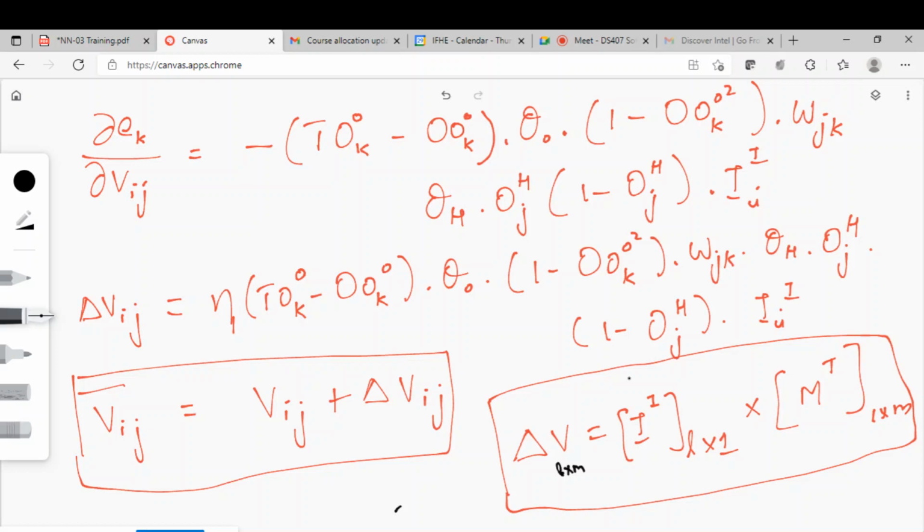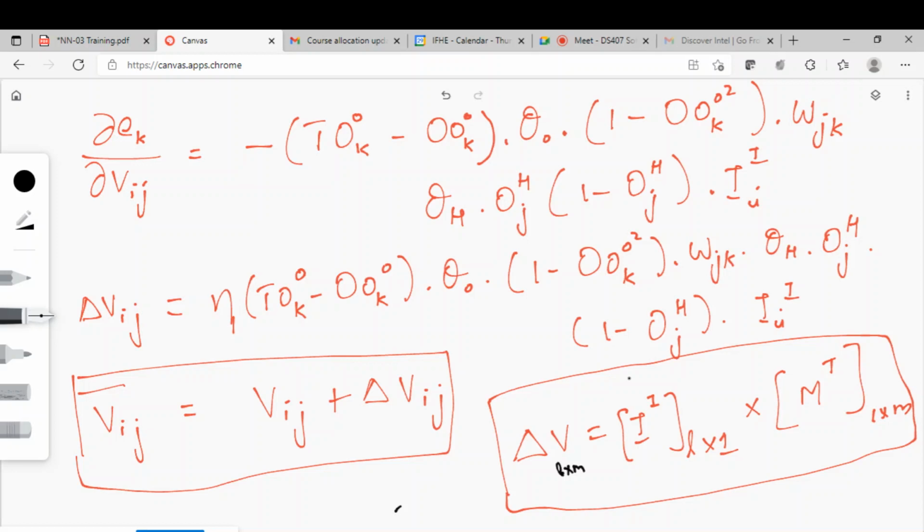This is also of the form m cross 1, that is, m rows and one column. But we cannot multiply them, because one matrix is of size L into 1 and another is of size m into 1.